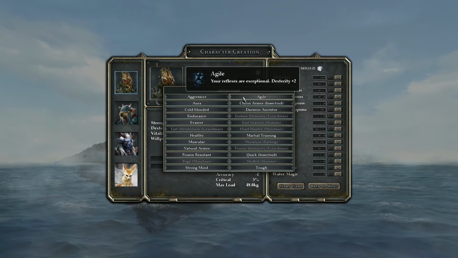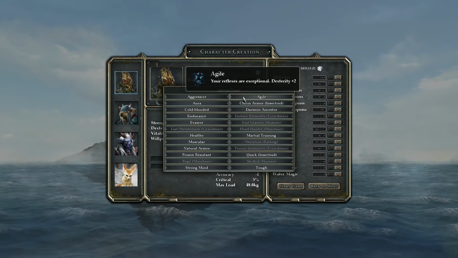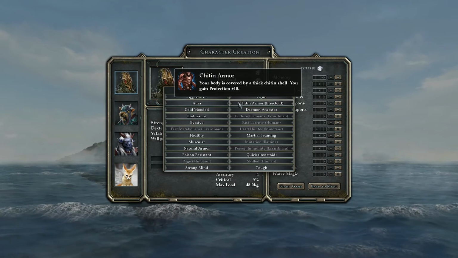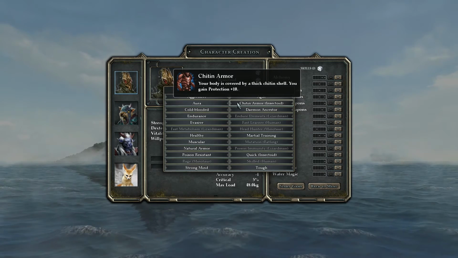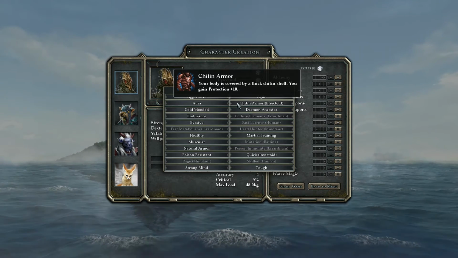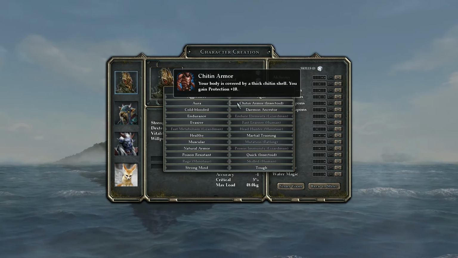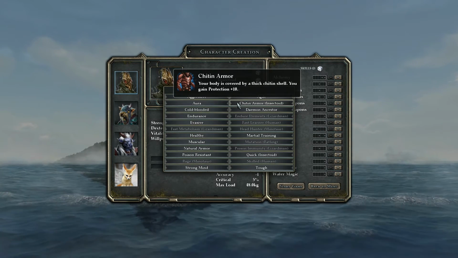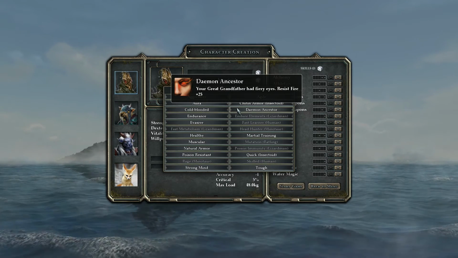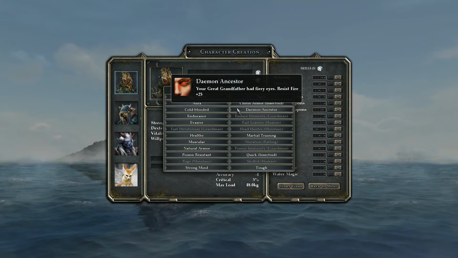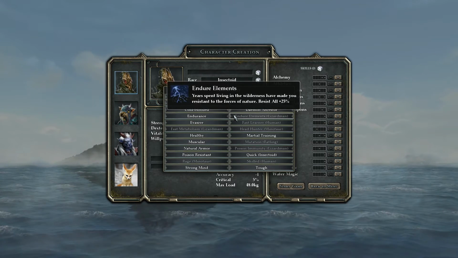Agile. Your reflexes are exceptional. Dexterity, plus 2. Chitin armor, depending on where you're from. Insectoid only. Your body is covered in thick chitin scale. You gain protection, plus 10. Daemon ancestor. Your great-grandfather had fiery eyes. Resist fire, plus 25.